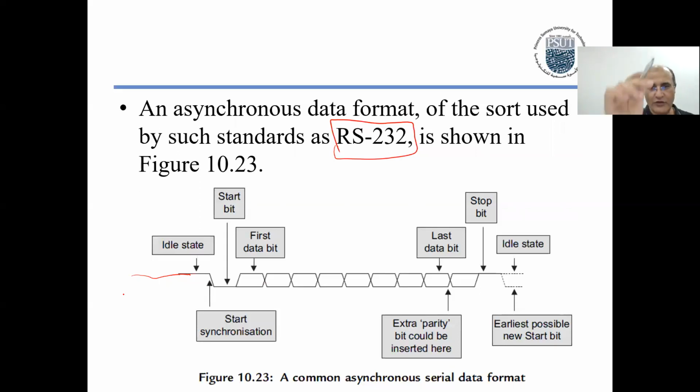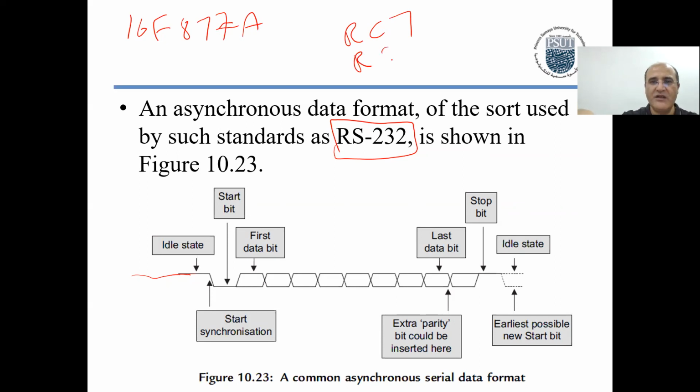In our 16F877A microcontroller, we have 2 pins, port C7 and port C6. We use port C6 for transmitting data. Port C7 is used for receiving data. This is shared with the port C parallel port.